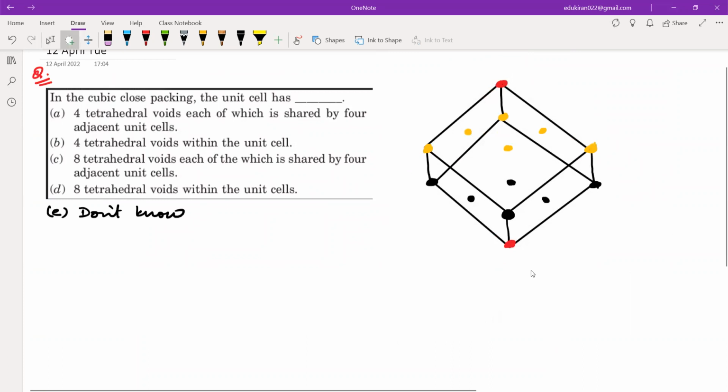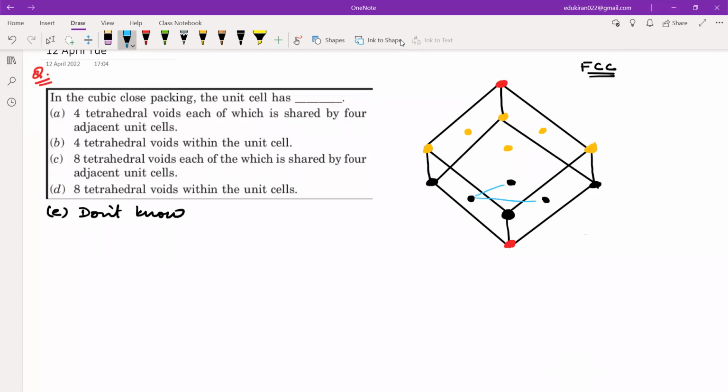So please see here. When you see the face centered cubic, you have to identify where the voids are. Okay, this is FCC. Now where are the voids? Here, I will show you these voids.